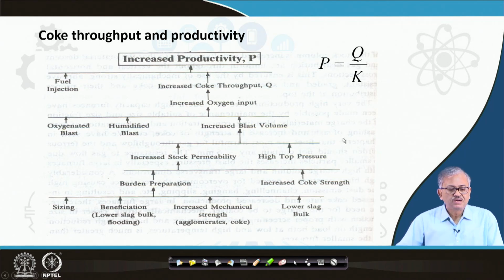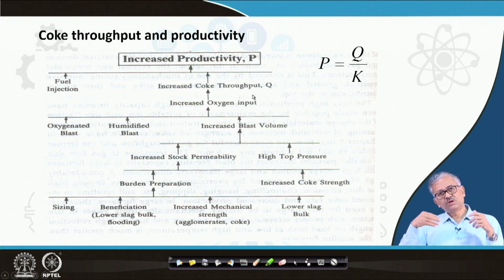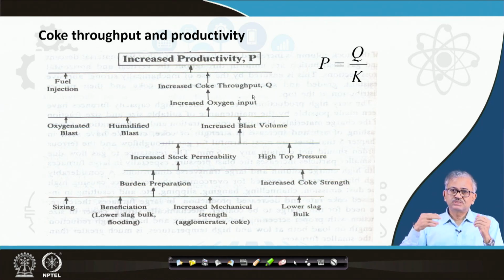Now, I have just discussed that if you want to increase the productivity by increasing the coke throughput, then how can you do that? If you want to burn more coke per unit time, then you have to supply more oxygen per unit time.